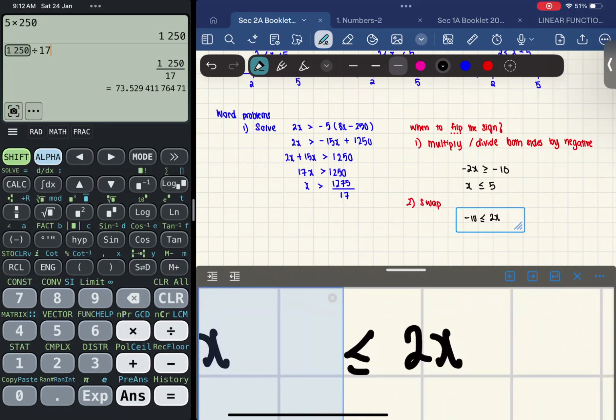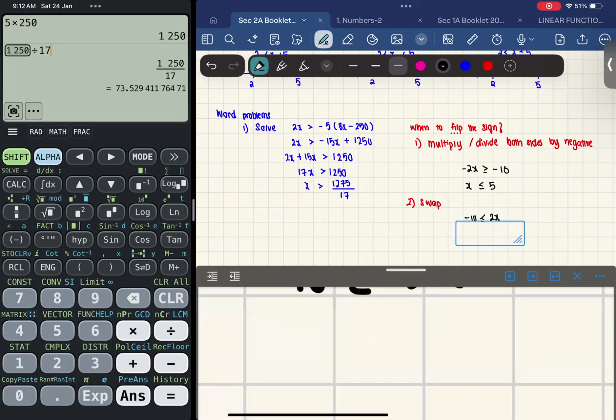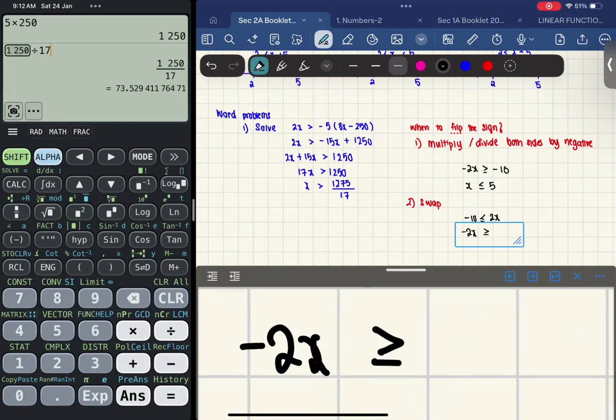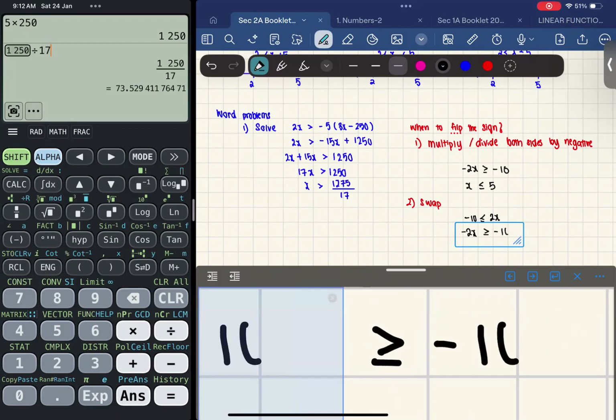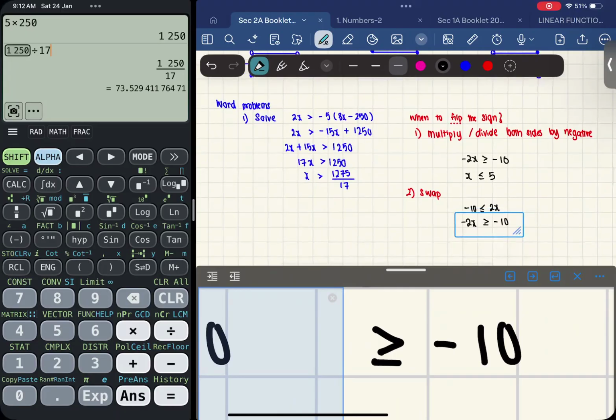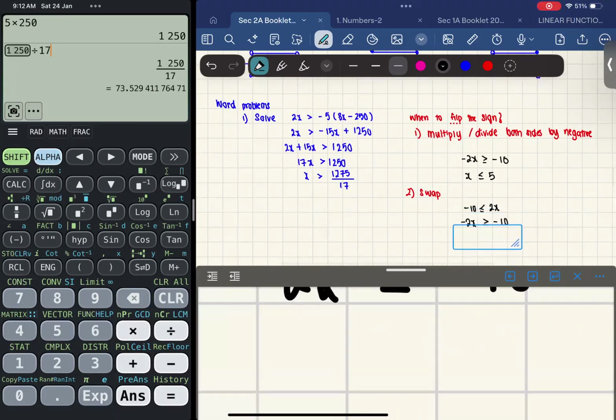See, it's very simple, and you just have to do simple swapping. So when you swap it, negative 2x is more than or equals to negative 10. So you swap it. But don't forget, you have to divide both sides by negative, so you swap back again, right? So it's x is less than or equals to 5.